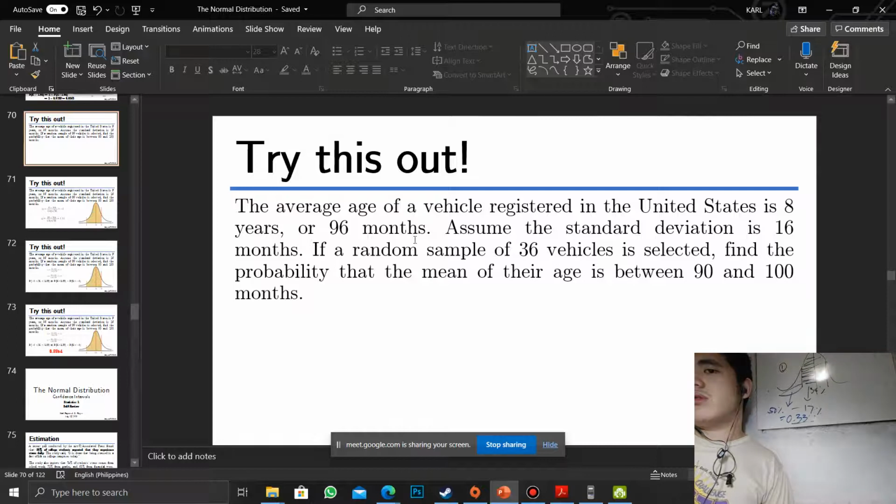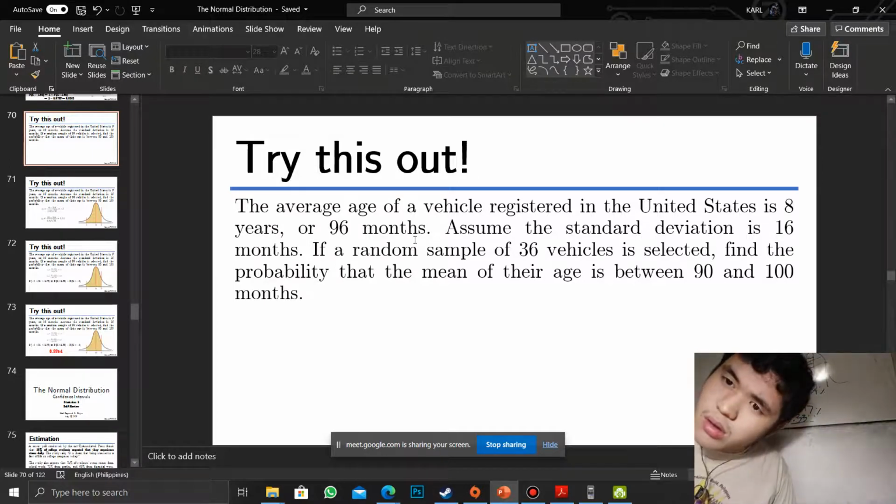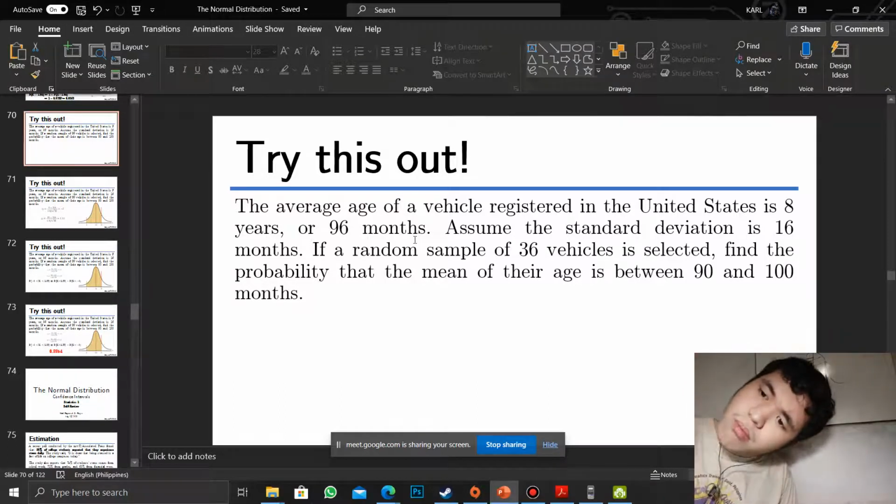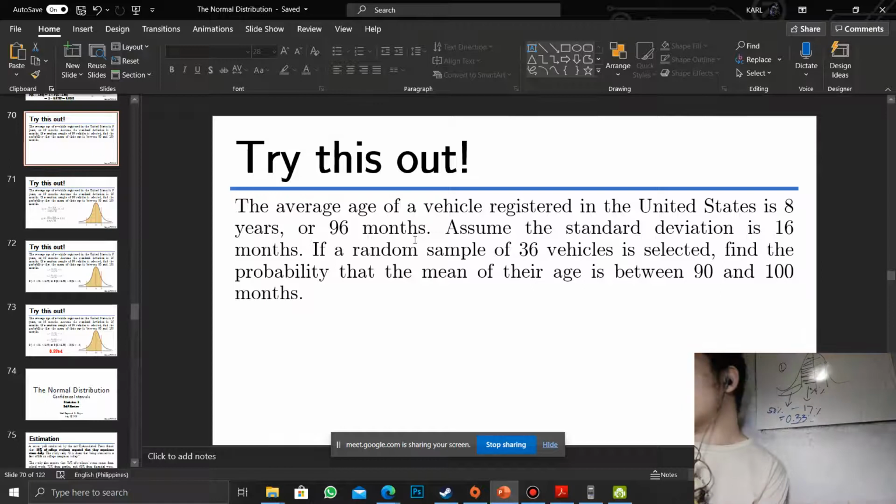Before I continue, interested lang ako. Talaga? Teka, try ko nga.